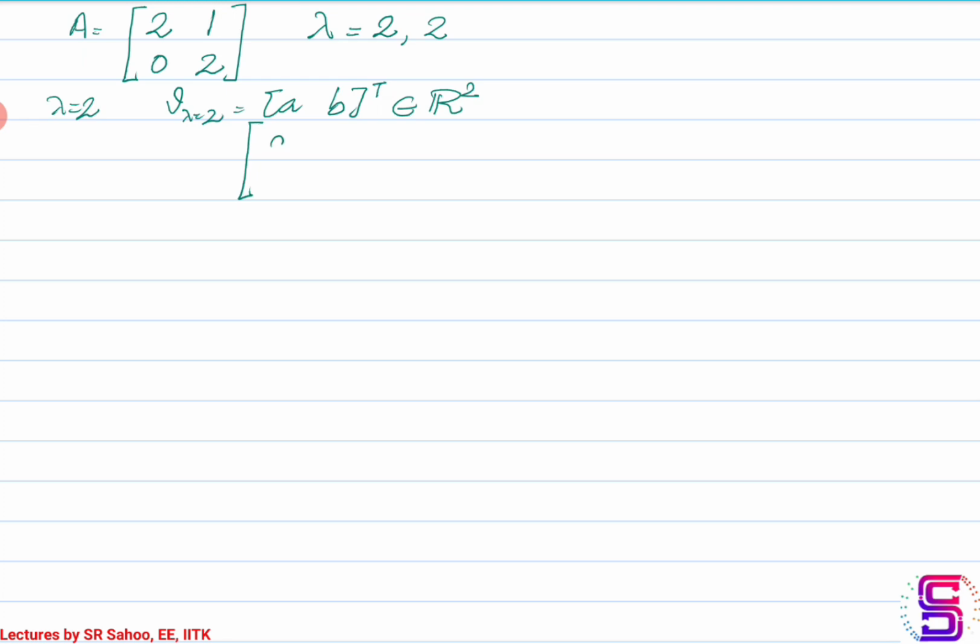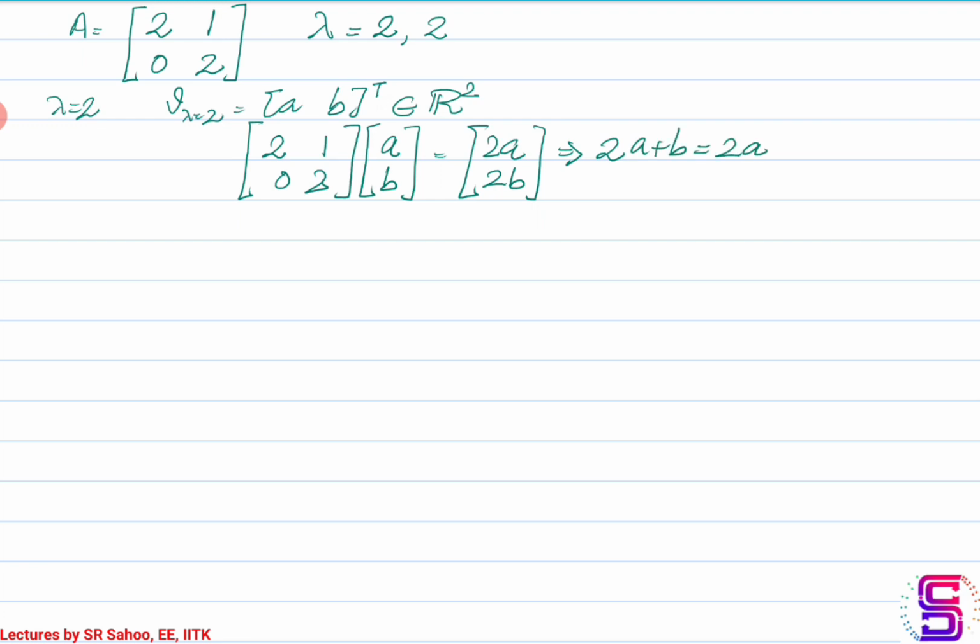So here, if we use the definition of eigenvalue and eigenvector of a matrix, we end up with a set of simultaneous equations. First is 2a plus b is equal to 2a, and the second is 2b is equal to 2b. The second equation is a trivial equation, something like 1 is equal to 1.